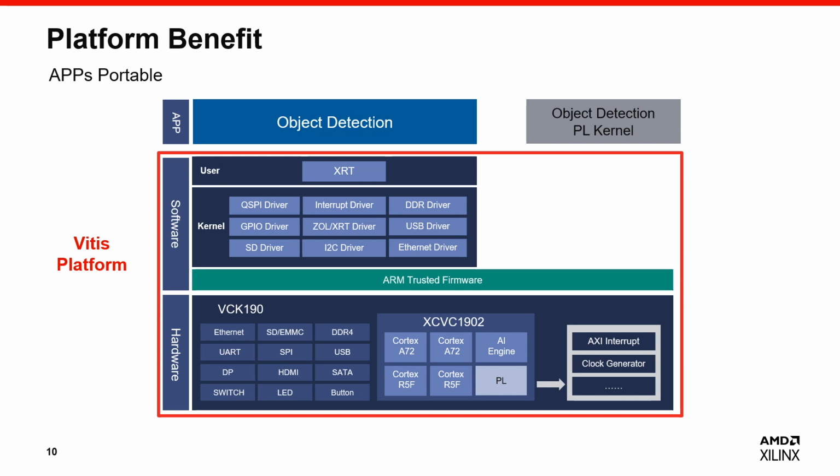For example, when the board updates the DDR capacity, it only needs to rerun implementation after updating the platform. The application code doesn't need to change. The kernel and the application can work with both platforms or can be easily ported to other platforms, because the kernel requires only basic AXI interfaces or memory access, which can be provided by the platforms.